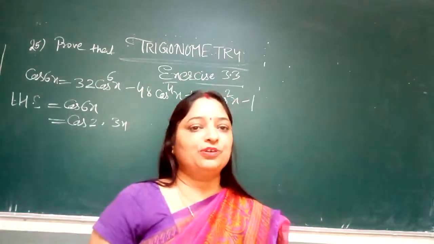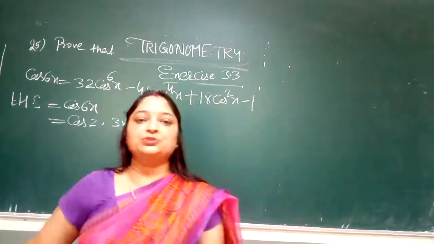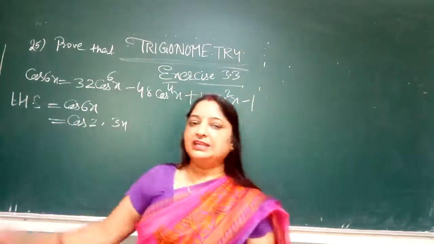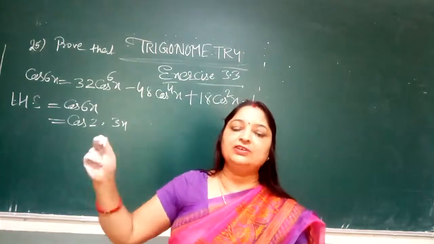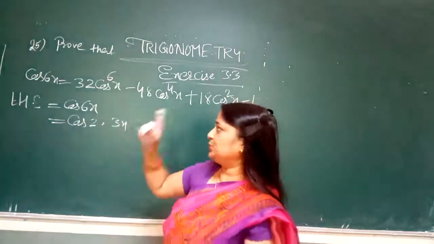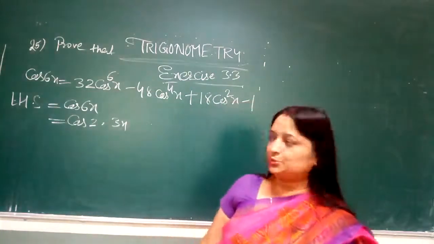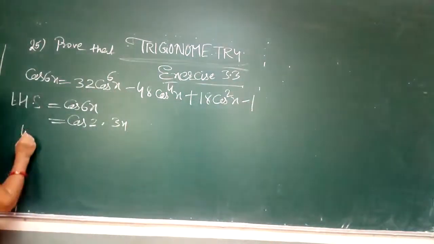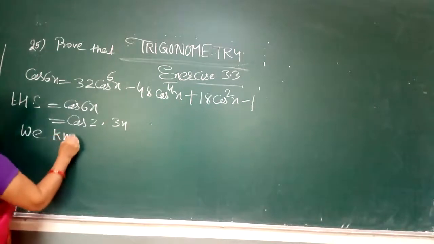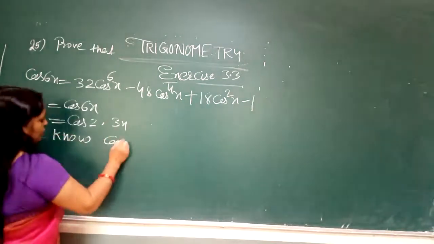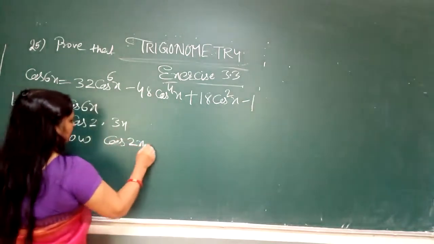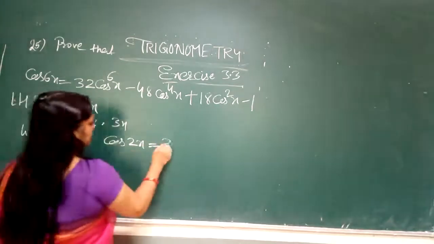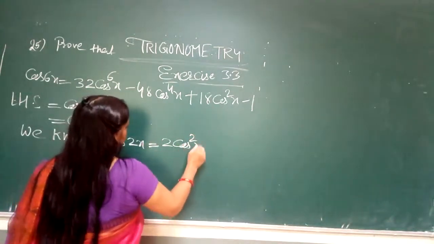In the previous question you have seen that the right hand side was in the form of sine and cos. That's why we chose the formula 1 minus 2 sin square x. Here it is in the form of cos, so which formula will we use? What is the formula of cos 2x? That is 2 cos square x minus 1.